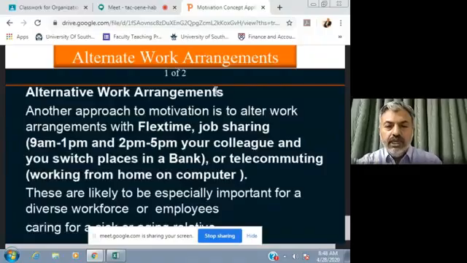Then there's another technique, telecommuting. It is working from home, which currently your teachers are doing. Your teachers work from home on a computer, and that computer is linked with the head office mainframe. They complete their task. Usually software engineers do that.